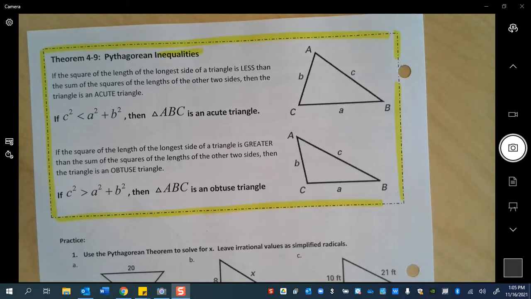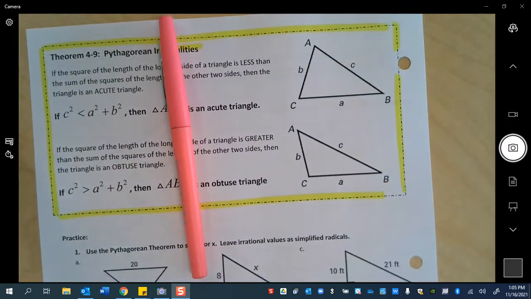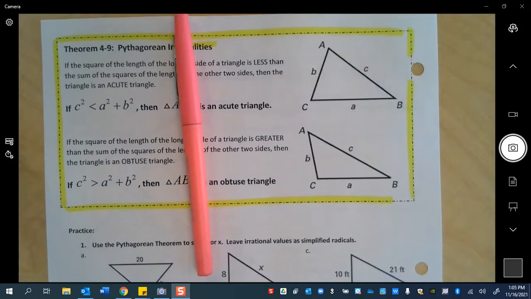Okay, now let's take my golf pencil. Smaller or bigger than my pink pen? If c squared is smaller than a squared plus b squared, what kind of triangle do you think I have? Acute. I have an acute triangle.